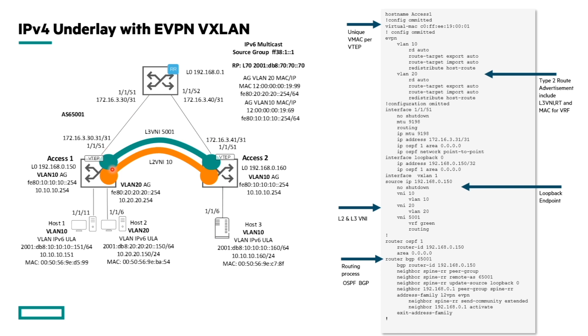And then we have two VNIs: an L3 VNI 5001 and an L2 VNI, and then we have all these specific hosts, which will also be used in the demo.